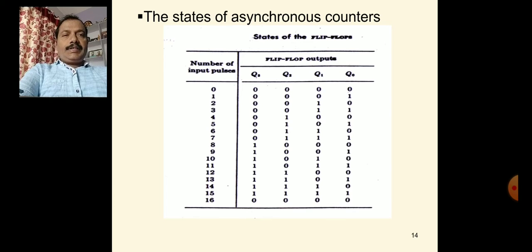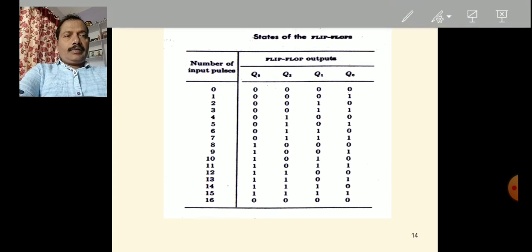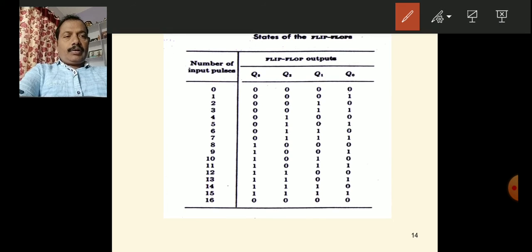Now, let us see the states of asynchronous counters. For each pulse, Q0 toggles. Observe here, for input pulse 0, this is the initial one, 0 0 0.